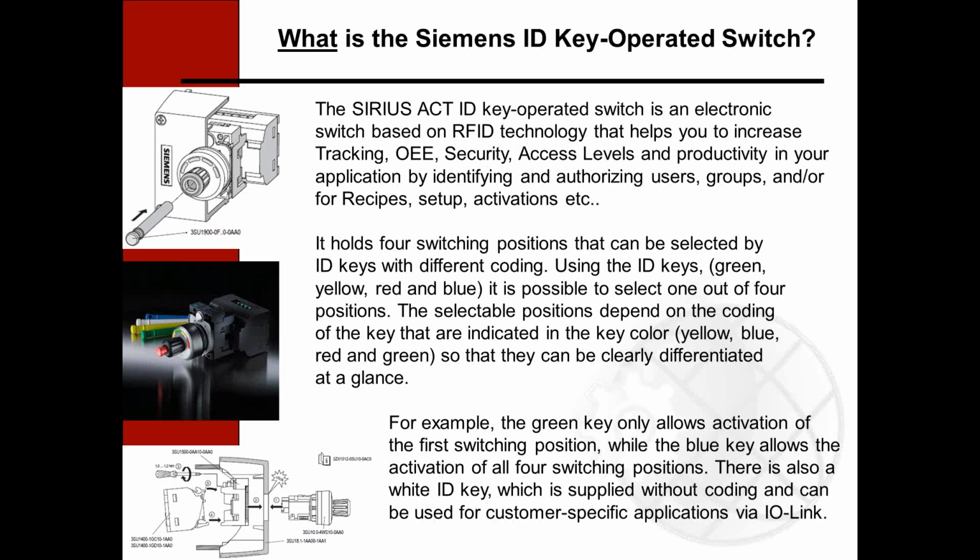So what you could do with these access levels, in addition to just for switching purposes, could be for identification of an operator, so that you know what those operators' capabilities are, what their training is, what they're allowed to have access to, and what they're not. So you can read these codes into the PLC and make decisions to allow that operator to access certain features or functions or capabilities of that machine.